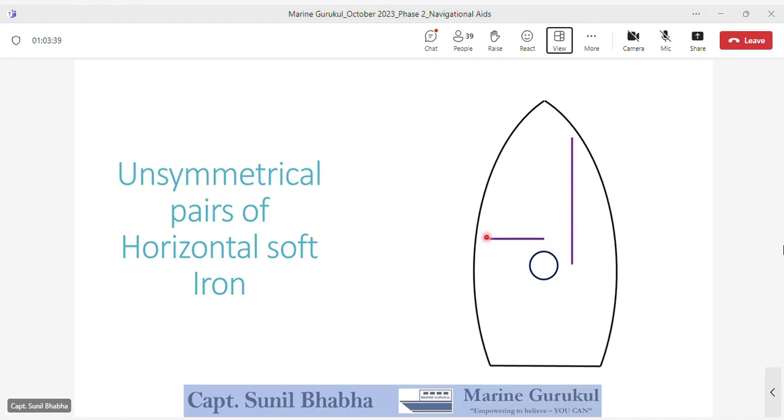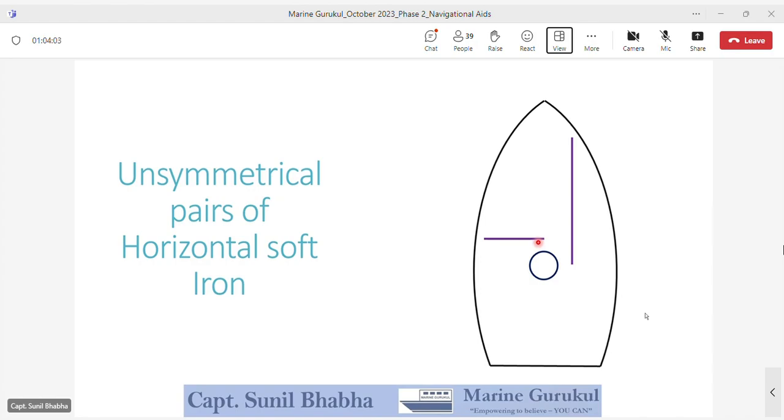Likewise, this athwart ship HSI which you see is present only on the port side of the compass and it is not present on the starboard side of the compass. So both these HSI are unsymmetrical. That means they are present only on one side of the compass, and there is a pair present, meaning both fore and aft and athwart ship HSI are present.